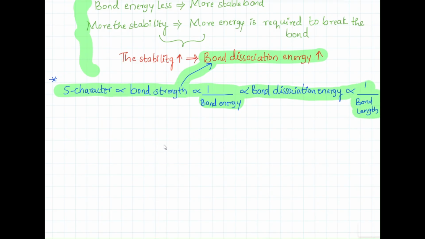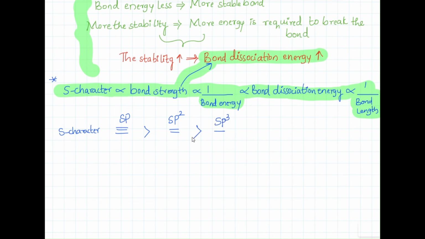Let us discuss. We know that triple bond, double bond, and single bond. Here S character is high in the triple bond, that is sp hybridized, and this is sp2 hybridized, and the sigma bond means it is sp3 hybridized.